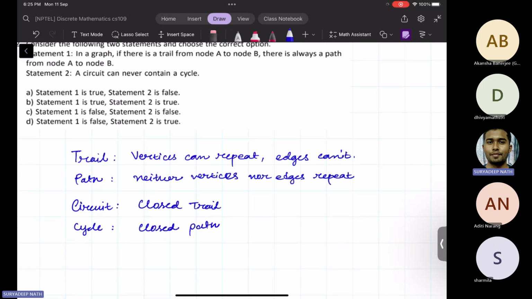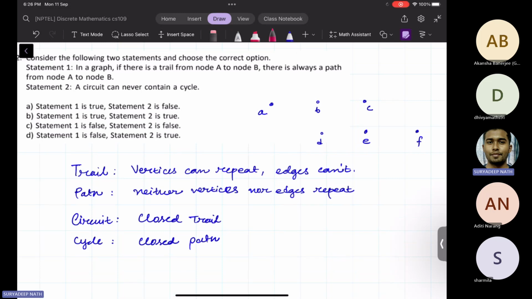I'll give you an example. Let's say you have these nodes, and we name them A, B, C, D, E, F. In a trail, the vertices can repeat, but the edges can't.